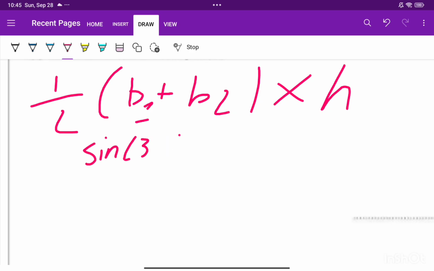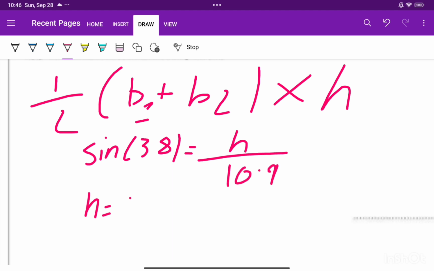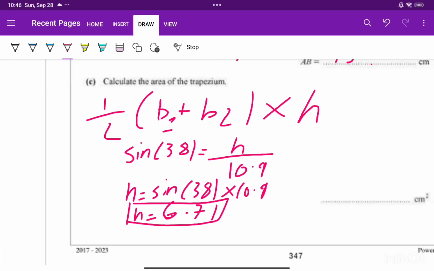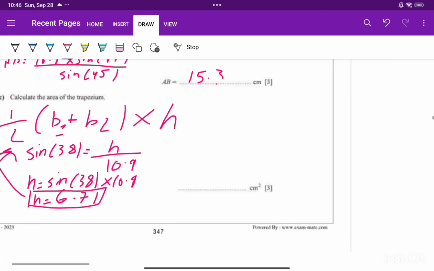Sine 38 equals height over 10.9. So we will find the height by multiplying sine 38 with 10.9. So the height will be 6.71. 6.71 is our height.